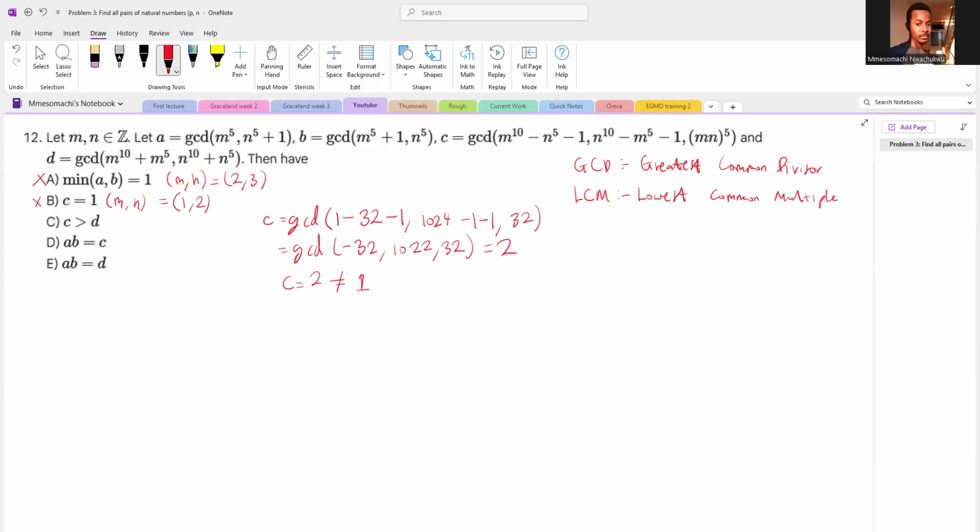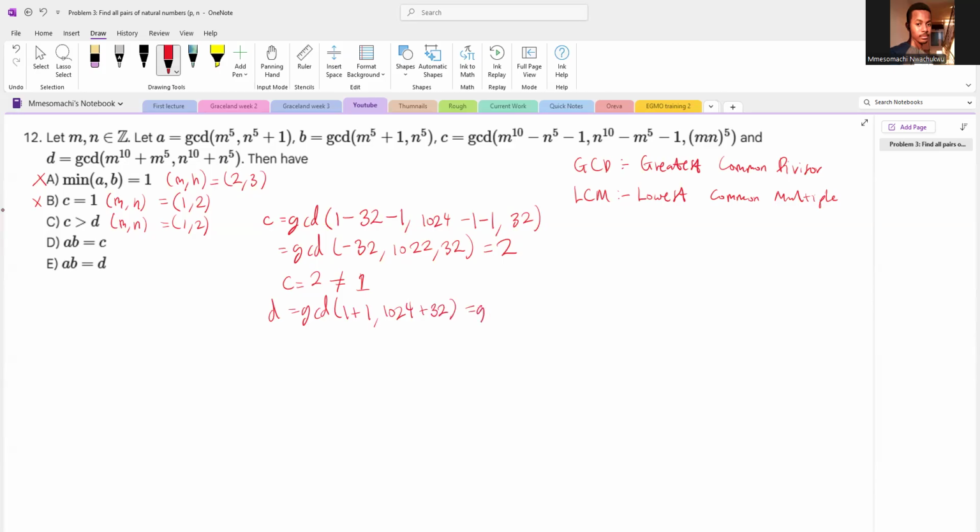Now let's look at option C. For option C, we can set M and N to be 1 and 2 again. Let's just evaluate D and see what we get for the value of D. D is equal to the GCD of M to the power of 10 plus M to the power of 5, so 1 to the power of 10 plus 1 to the power of 5 is 2, and 2 to the power of 10, 1024, plus 2 to the power of 5, 32, is 1056.